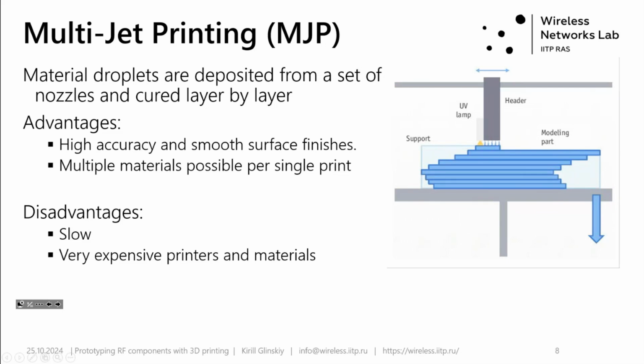In fact, these materials can be, for example, conductive or dielectric or transparent or any other properties you wish to use. But the disadvantage is it is the slowest method of them all, as each droplet is very small in size and needs to be hardened. So the speed of printing is many times slower than the stereolithography ones.